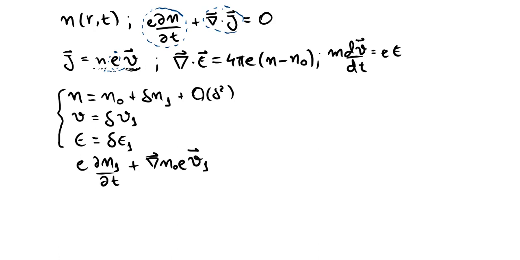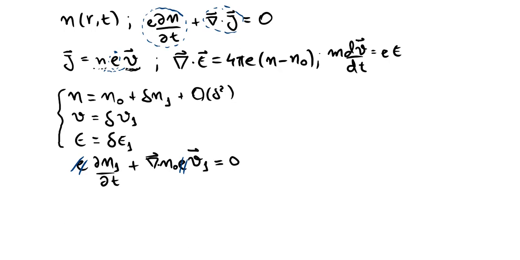Keep in mind that I'm taking only first order terms, so I would have something like n1 v1 too, but that would be a second order term in delta, and everything that is second order in delta is already small enough to be neglected, right? So this should be equal to 0, so I can already get rid of these charges here.